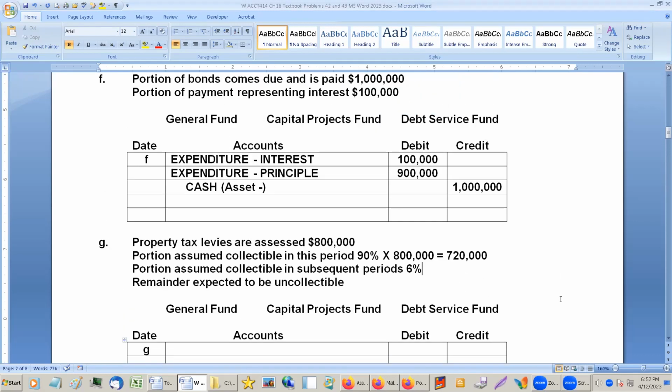All right, collectible in subsequent periods, so this is going to be earned revenue, 6%, oops, no, wait, times 800,000. And for Mr. Calculator, 48,000. Okay.